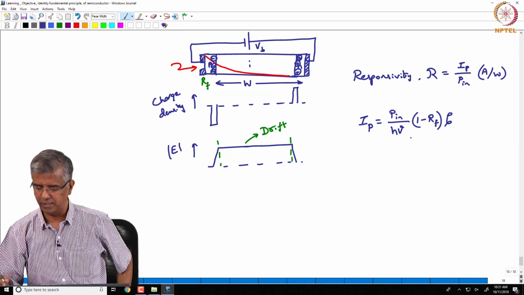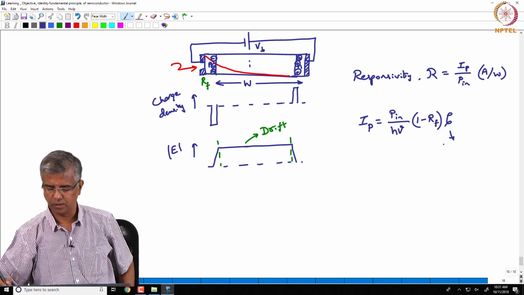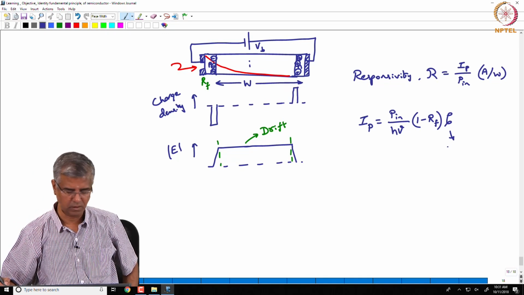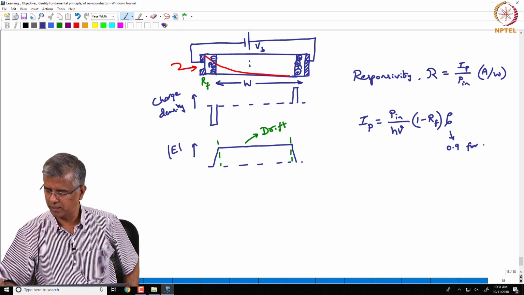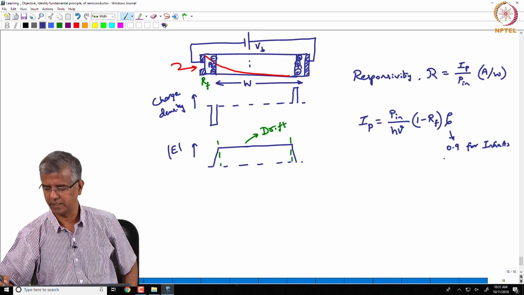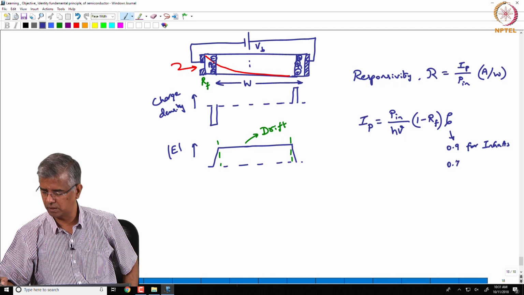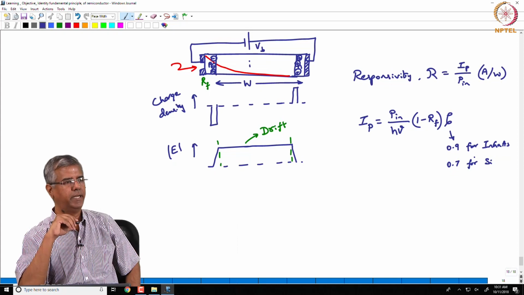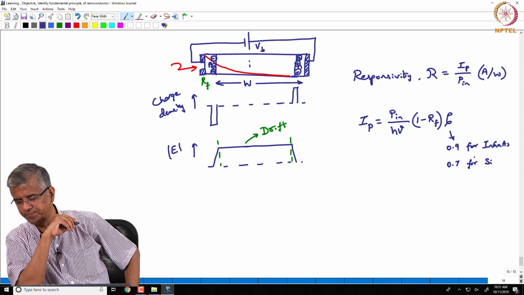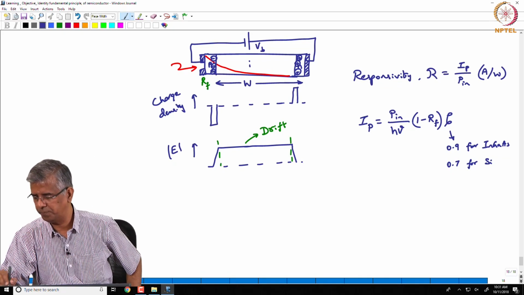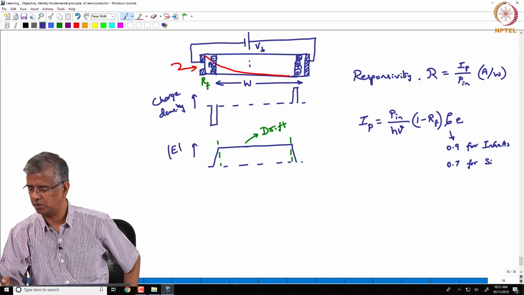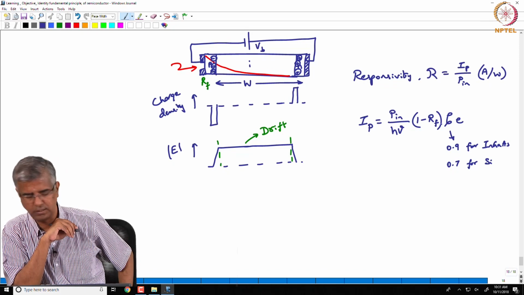To give you an idea, zeta will be fairly high, it's in the order of 0.9 for InGaAs, which is a direct band gap semiconductor, whereas it's around 0.7 for silicon, which is an indirect band gap semiconductor, right.